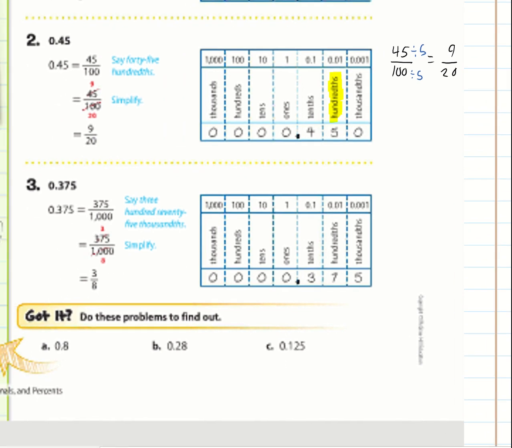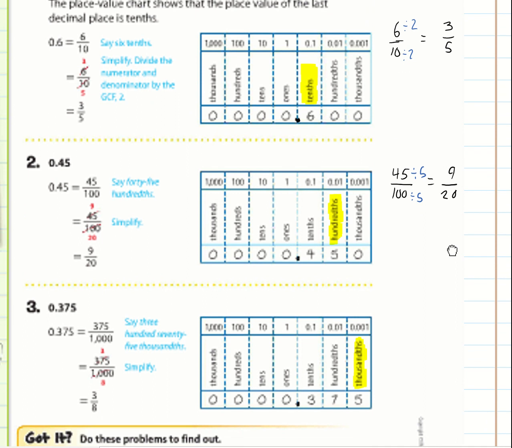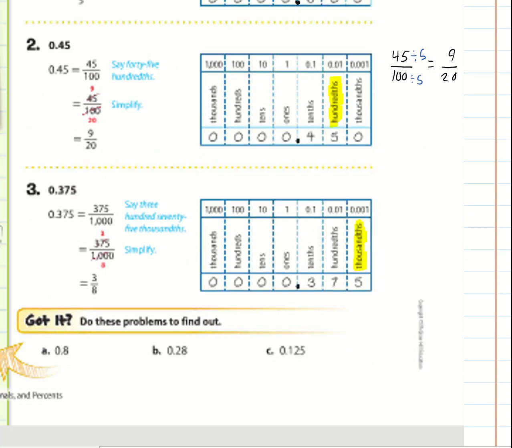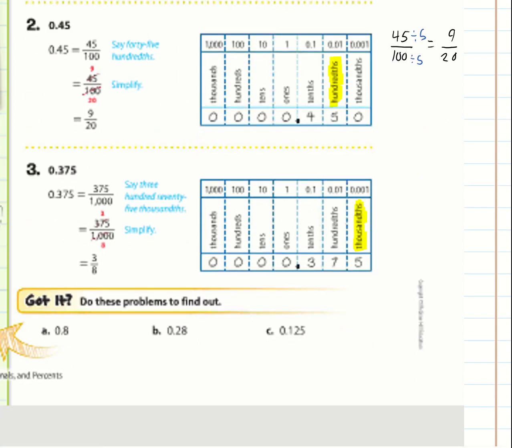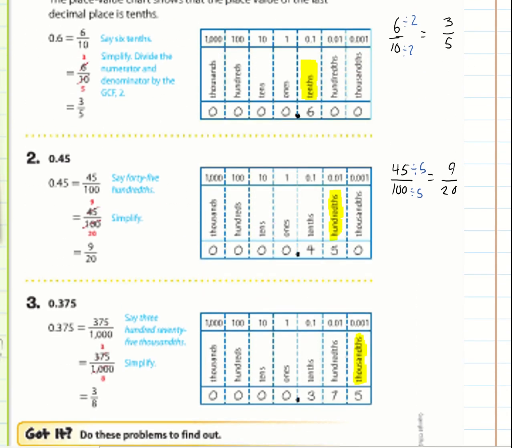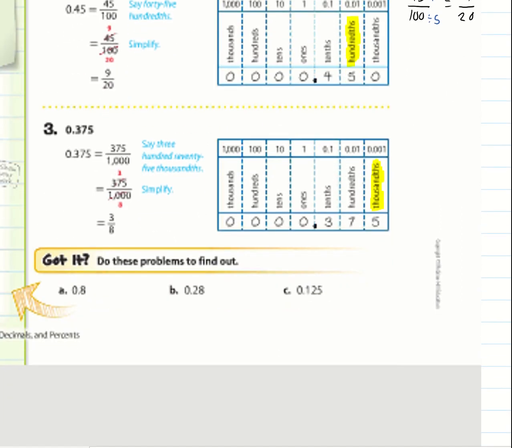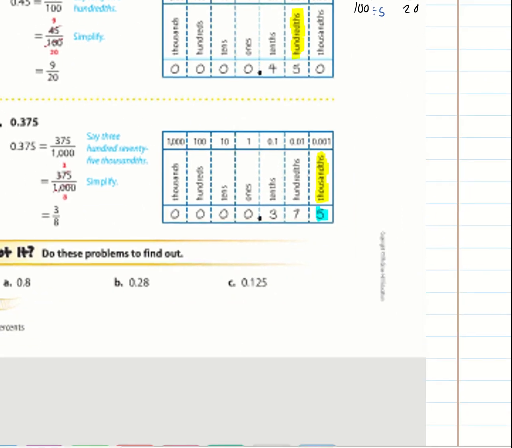This time we have 375 thousandths. So our last digit ends in the thousandths place. And one thing I should point out is when I say last digit, I mean last digit that is not a 0. Because if you notice here, these are zeros. Since those are zeros, our numbers are still equivalent, so those actually don't matter. This is a 5, so that's our last digit that is not a 0.